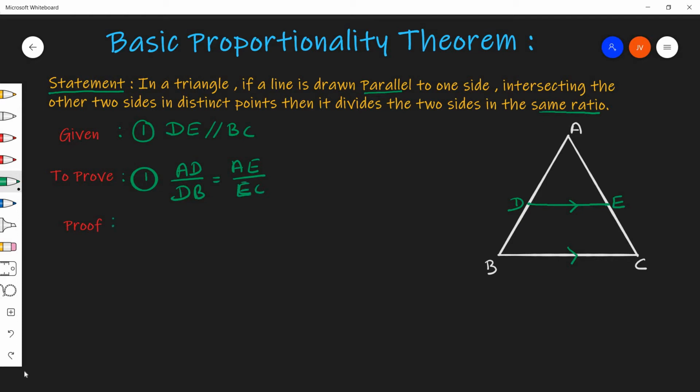For the purpose of proof, we have to do a small construction. The construction is, from the point D, drop an altitude on AE. Let this altitude be called DP. And from the point E, drop an altitude on AD and let this altitude be known as EQ.